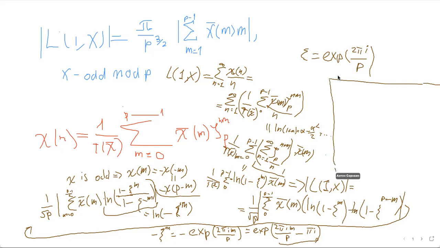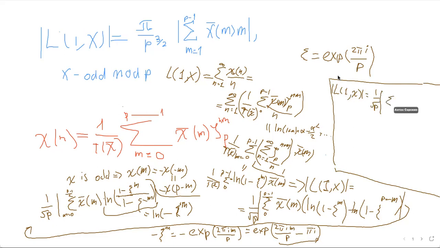So finally, we can write again our sum, our absolute value of L1. This thing is equal to 1 over square root of p.